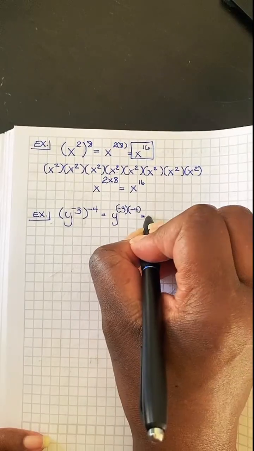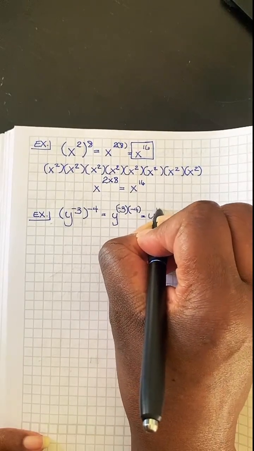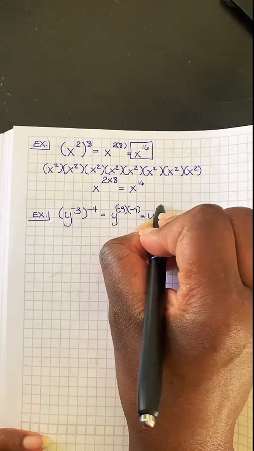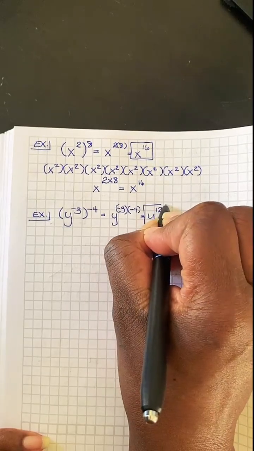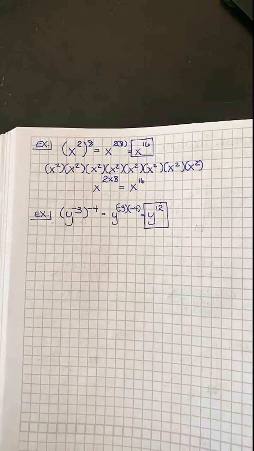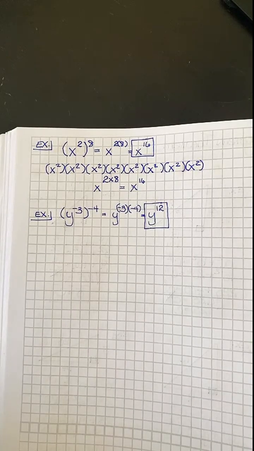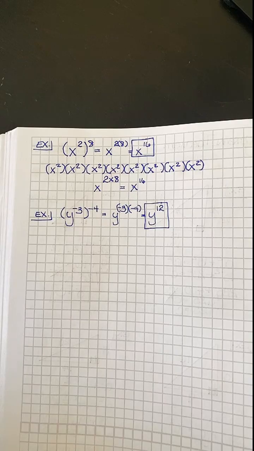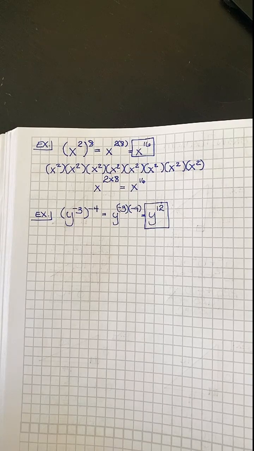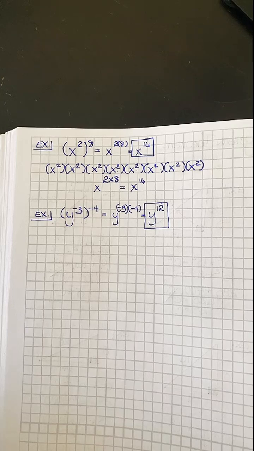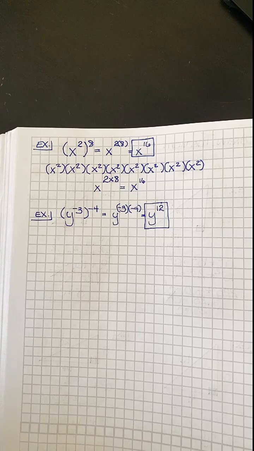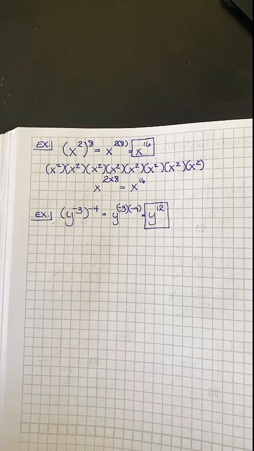So negative times negative gives me positive, and then 3 times 4 gives me 12. You see why it's not just y? We're not subtracting, we're multiplying. We subtract when we divide, but when we have a power being raised to a power, we multiply them.